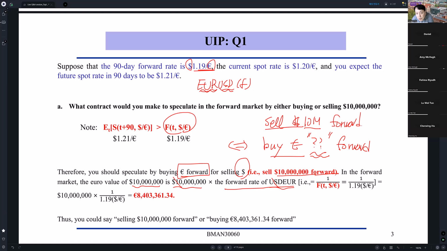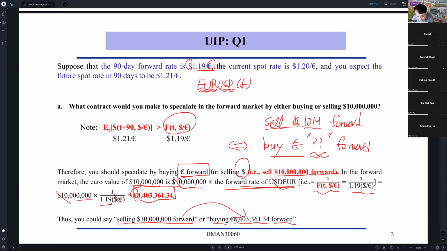So you have EUR/USD forward, but we need the forward rate of the USD/EUR. You know how to get this one, right? This is just a reciprocal. So 1 divided by $1.19 per euro is going to be the forward rate of the USD/EUR. If you multiply these two, dollar will be canceled, and you're gonna get euro amount. If you compute this one, this is what you're gonna get. So you can say either you are gonna sell $10 million forward, or you are gonna buy this amount of euro forward.